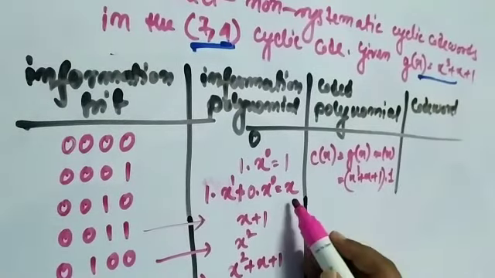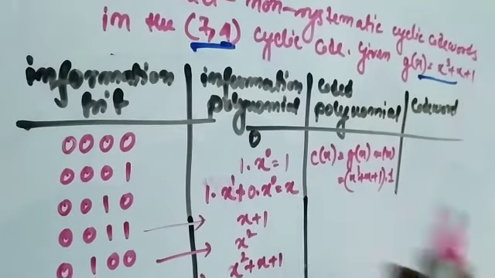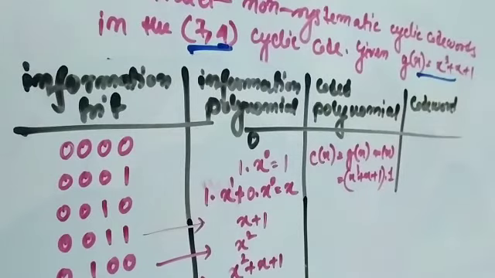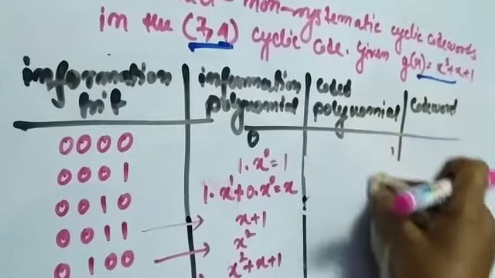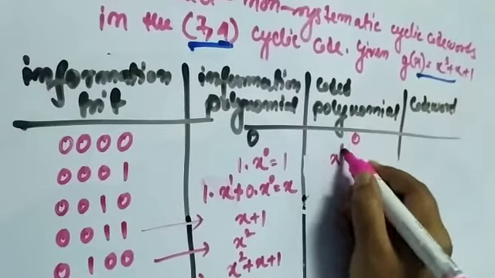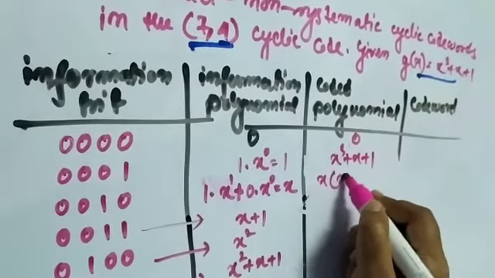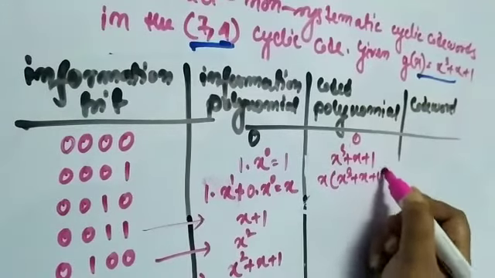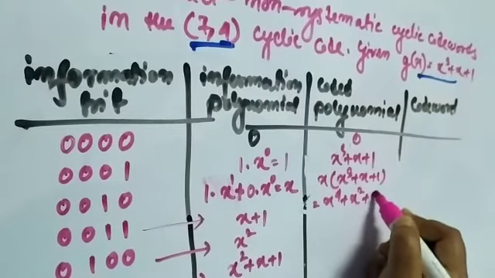For the third case, the message polynomial is x. So, x is multiplied with G(x). When x is multiplied with x cube plus x plus 1, the third one becomes x to the power 4 plus x square plus x.